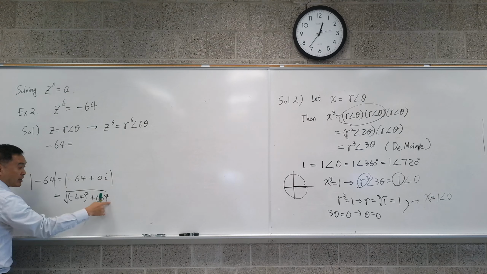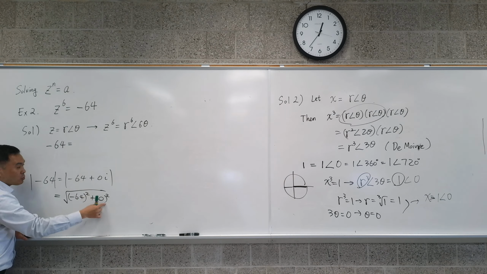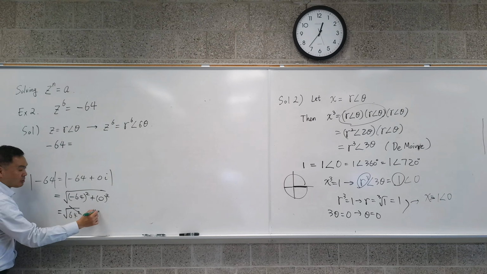Do not include i in this formula. Never do that. That's a common mistake. It's this number squared, whatever they are. You add the squares up and then take the square root. That's the square root of 64 squared. They cancel, so it's 64, right?